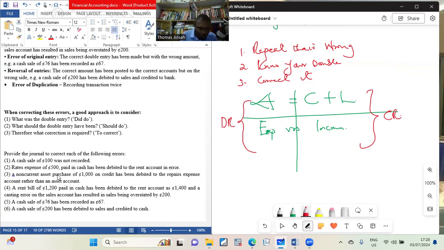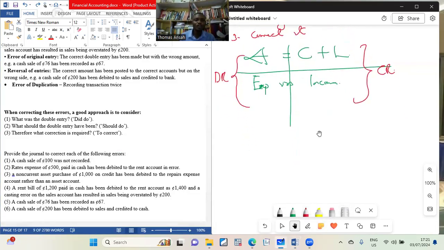So let's pick, for example, this one: a cash sale was not recorded. If it is not recorded, then you have to record it. How do you record a cash sale? From your cash journal and the ledger that we did. You ask yourself, where does this fall? Sales is income, is that not it?